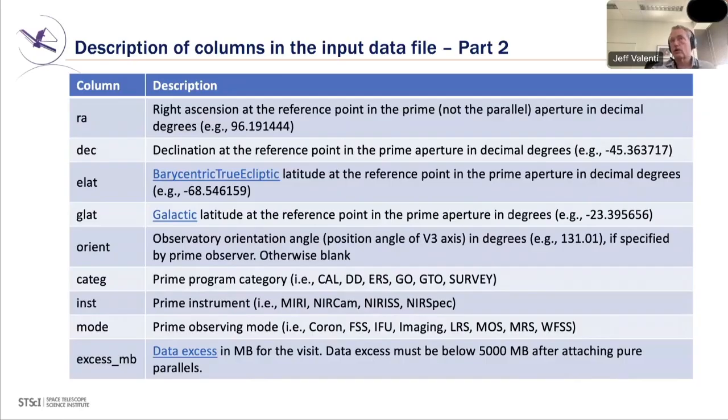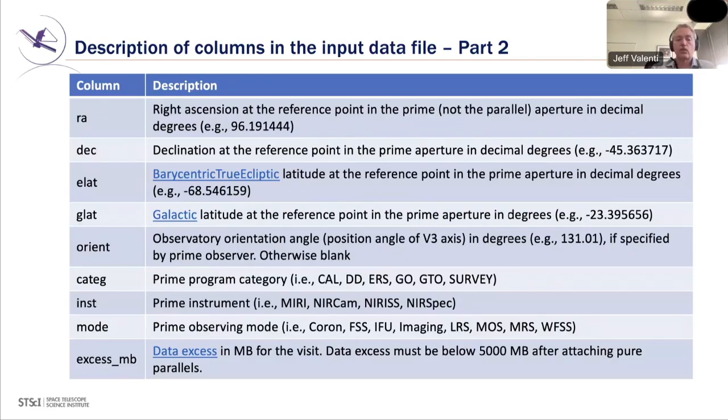There's an orientation field there if the prime specified an orientation for some important science reason. It'll be recorded here. In principle, you could use that information to calculate where the pure parallel field will be. The software package that I'm describing does not do that, but the information is here.